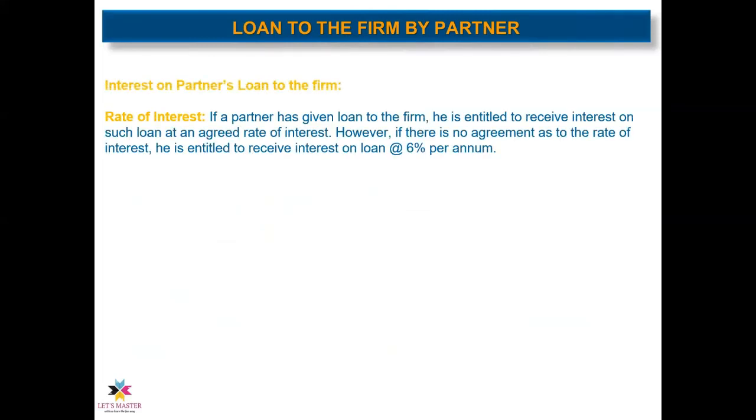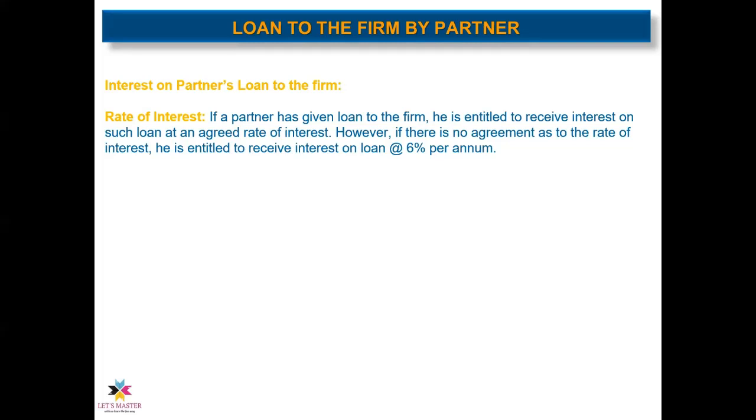Another calculation is for loan to the firm by a partner. If a partner gives a loan to the firm, he is entitled to receive interest on such loan at an agreed rate of interest. At times, the firm may be in need of some temporary amount.